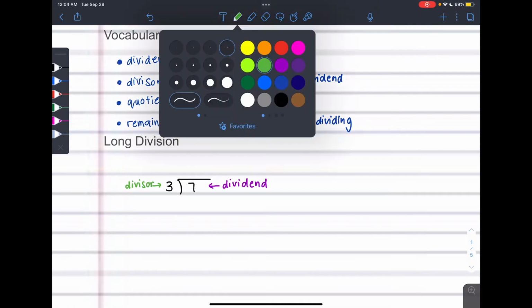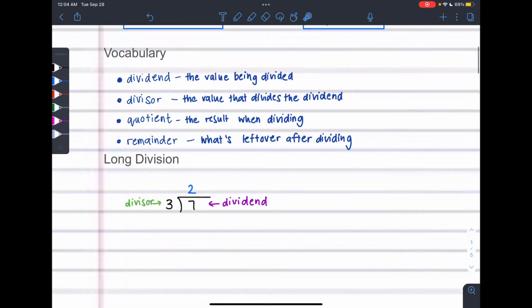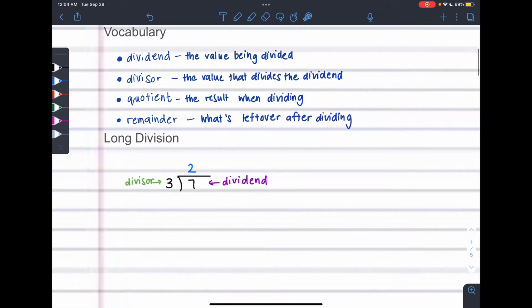And when we solve this through, we ask ourselves, how many times does 3 go into 7 evenly? So you probably know, okay, 3 goes into 7 2 times evenly, right? So that 2 goes on top. And when we solve through, we take that 2 and multiply it to 3, and we write that underneath our division problem.